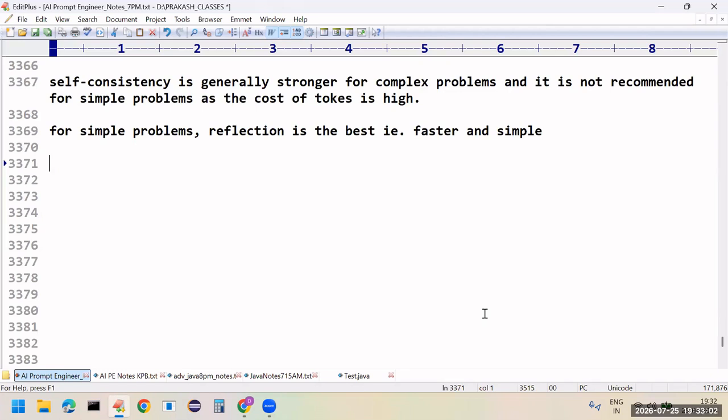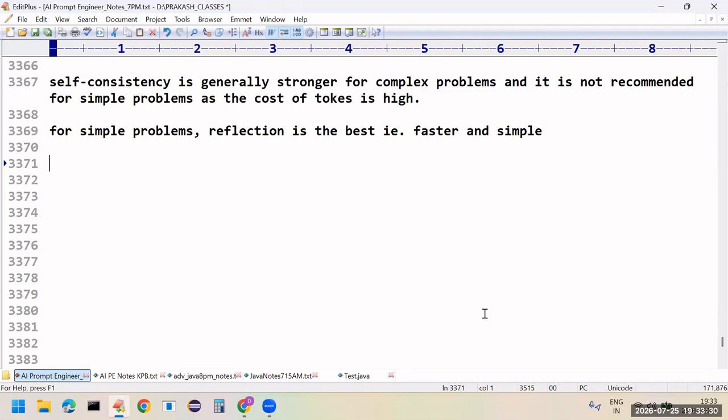How many answers will reflection generate? Only one answer. And we will ask it to identify any mistakes or any missing points, and we will ask for an improved version. Okay? In self-consistency, how many answers are we asking? Minimum 3 to 5.